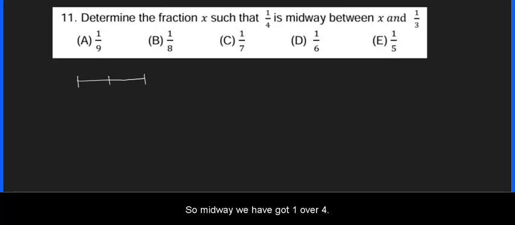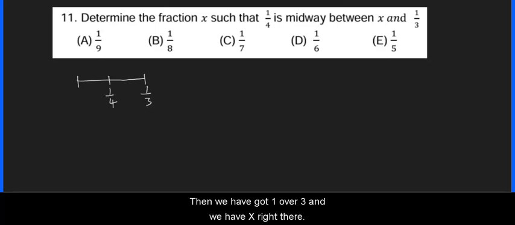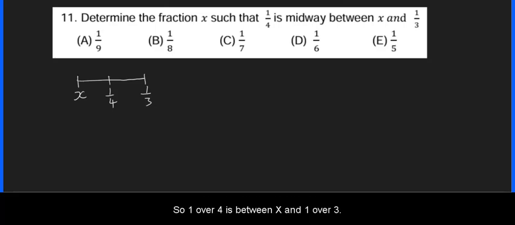So midway, we have 1 over 4, and then we have 1 over 3, and x right there. So 1 over 4 is between x and 1 over 3. Now we need to find the value of x.